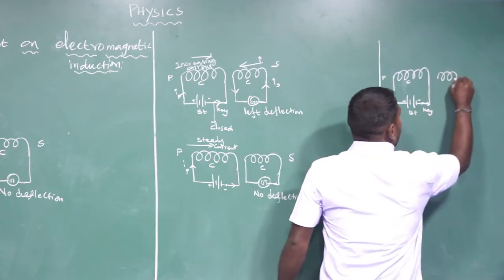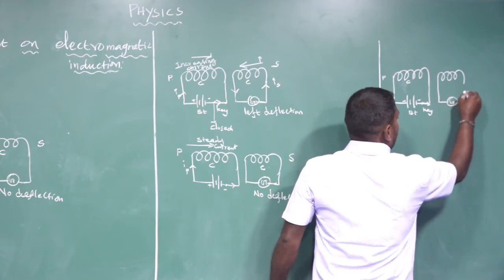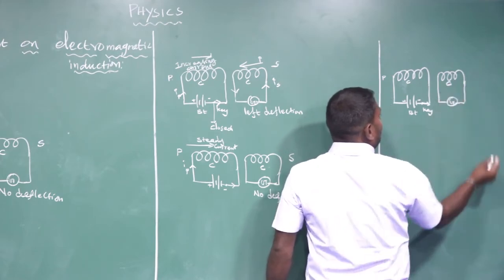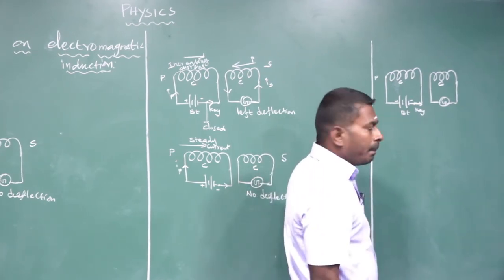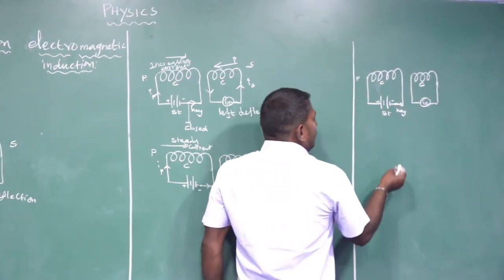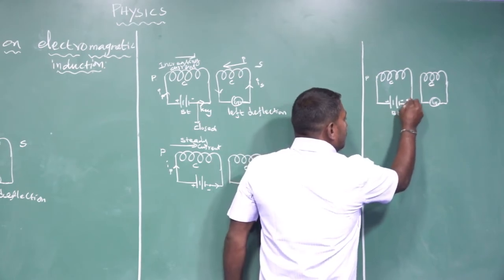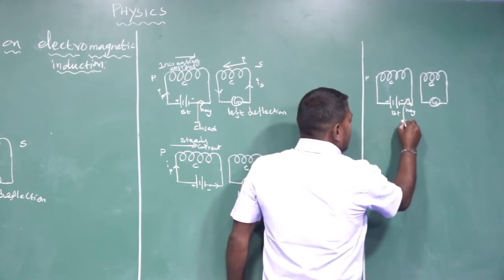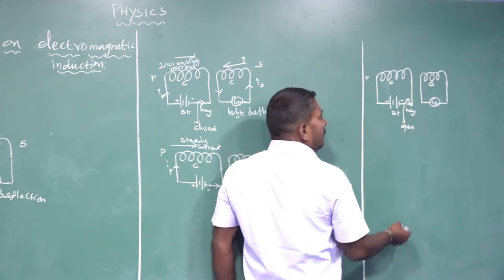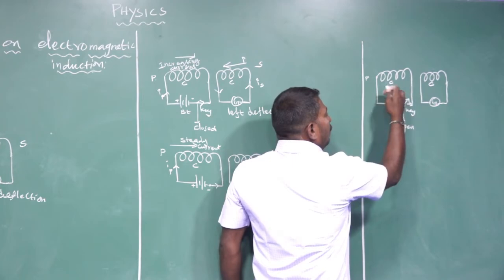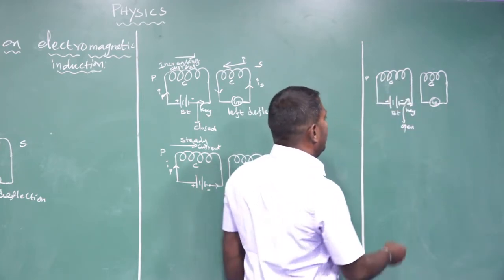Then the secondary closed circuit, consisting of a coil of wire and a sensitive galvanometer. Now, when the key is open, the electric current flowing in the primary circuit decreases from its maximum value.